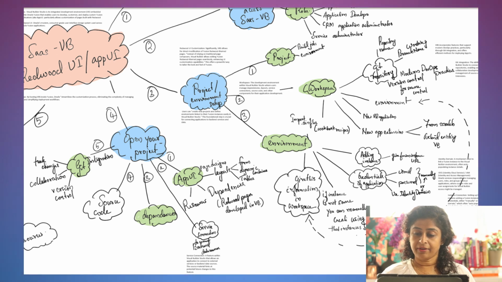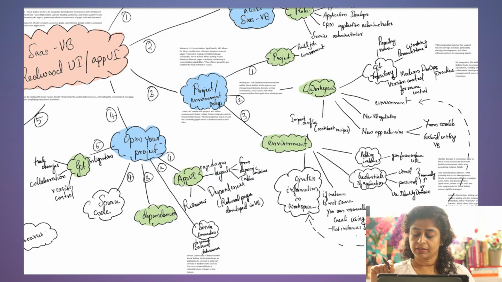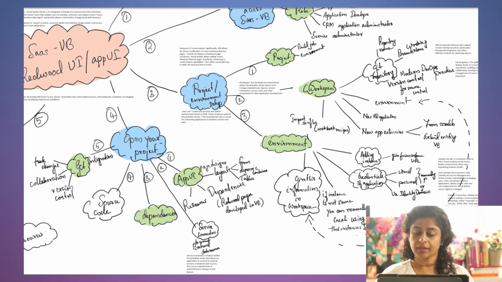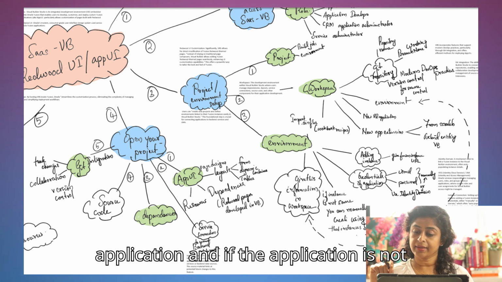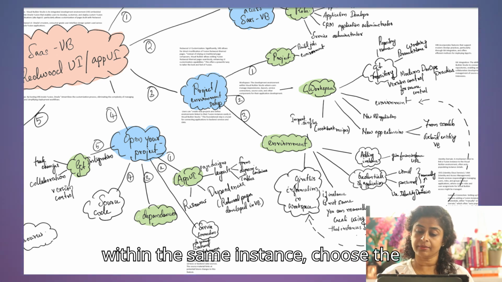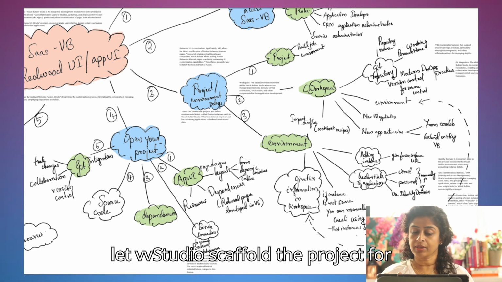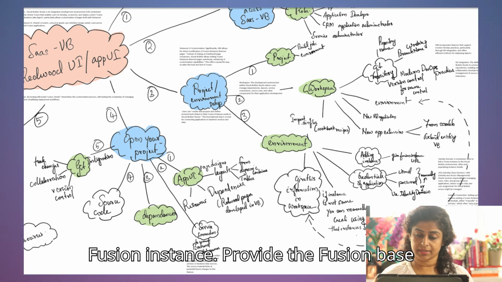Environment setup. Now set up your development environment for new app UI pages or extensions. If you are extending, pick the target application, and if the application is not within the same instance, choose the instance's service URL. Then let VB Studio scaffold the project for you. Connect to your Fusion instance.